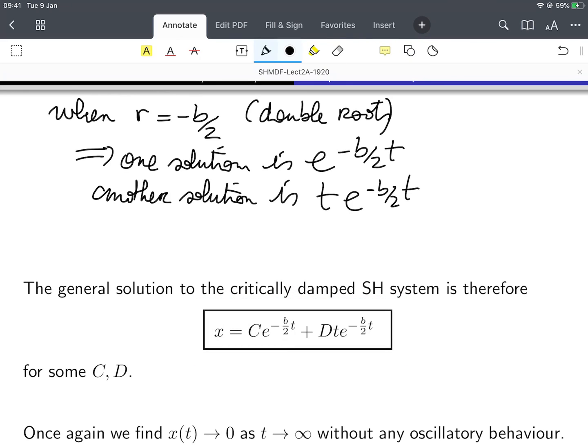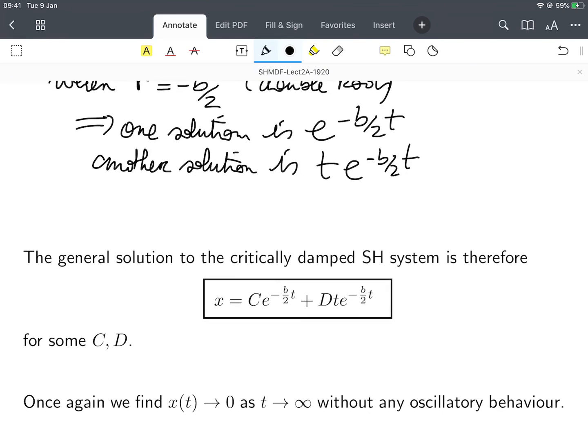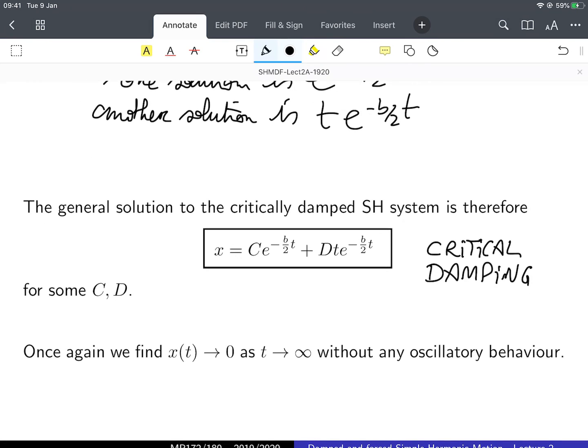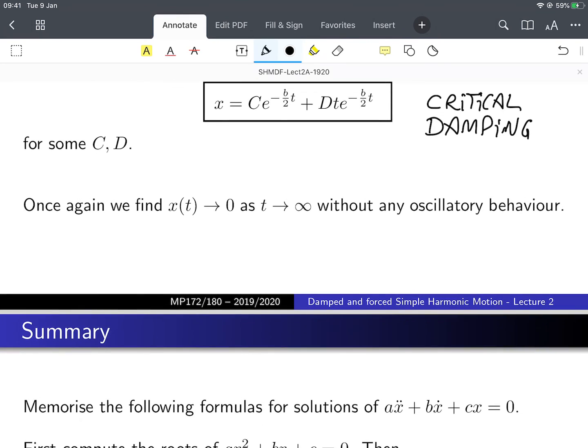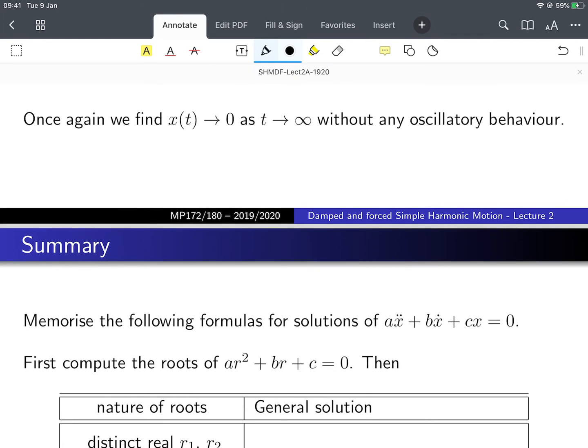If you have two solutions, then you have a double infinity of solutions. That's a very special case, the so-called critical damping case. Again, no oscillations, and again, decay towards zero as t goes to infinity.